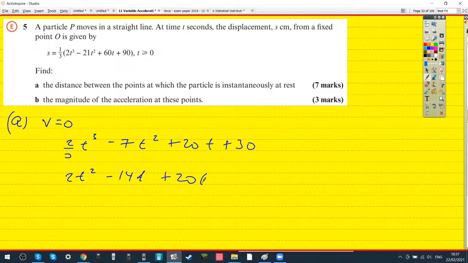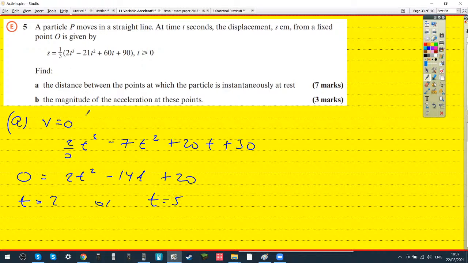And so if I put that into my calculator, that will give me t is 5 or t is 2. T equals 2 or t equals 5.